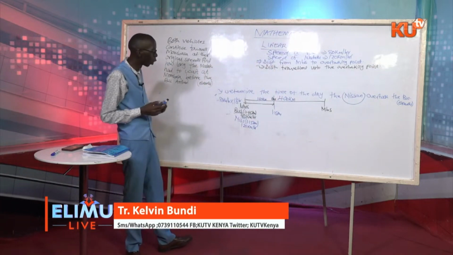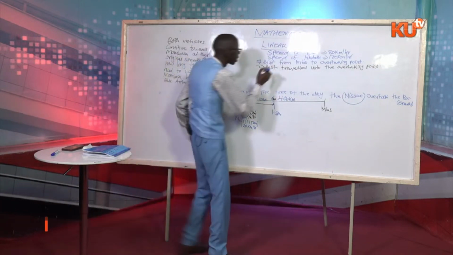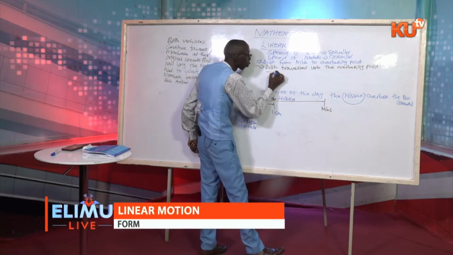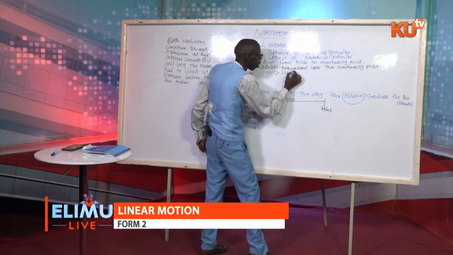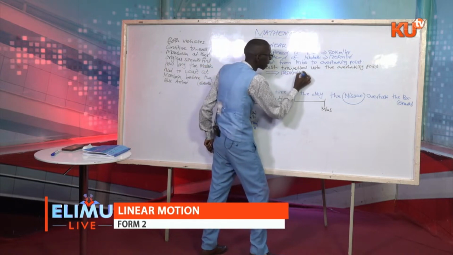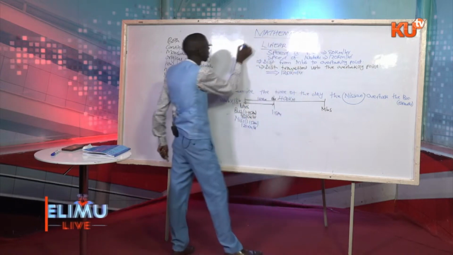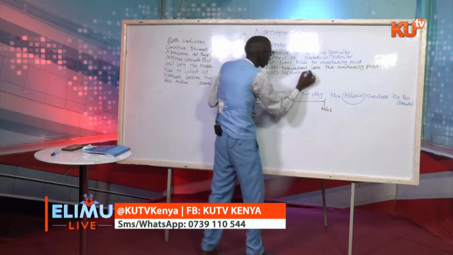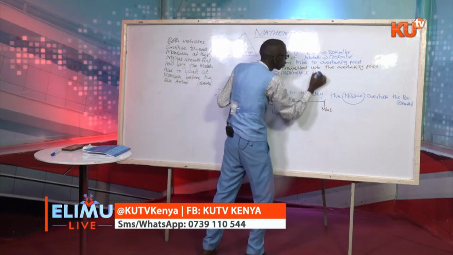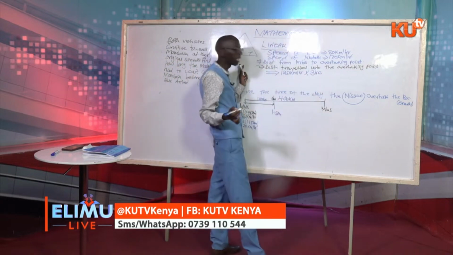This is what we'll do. We'll take the speed of the vehicle that overtook the other one. That is the speed of the Nissan. How do we get distance? DST. Distance is speed times time. We multiply by the time taken to overtake. What are we looking at?